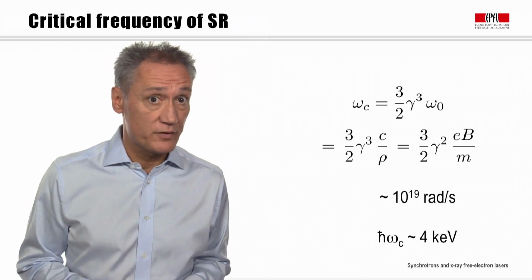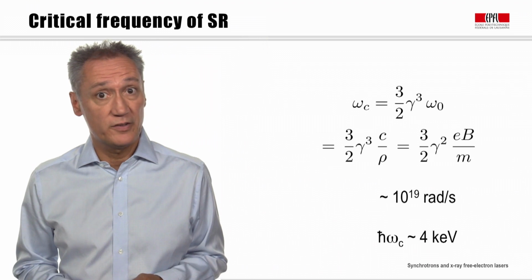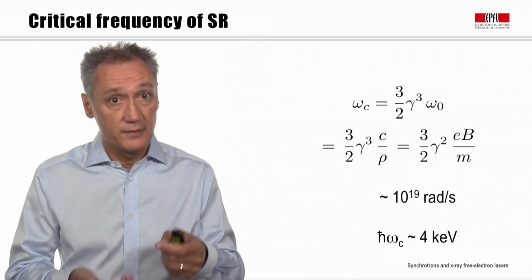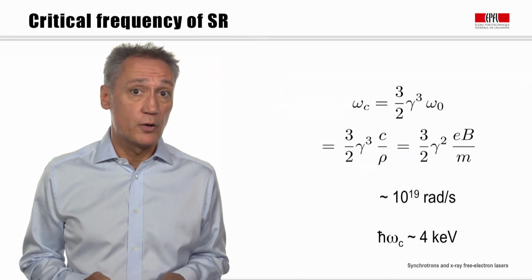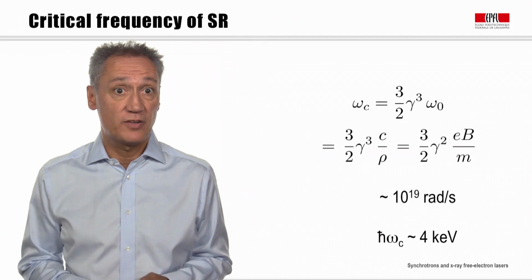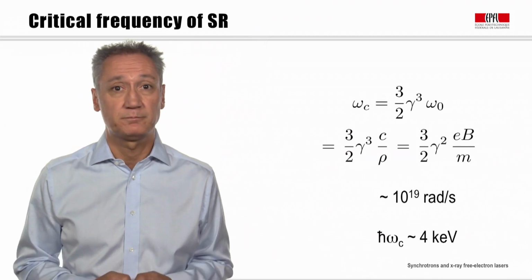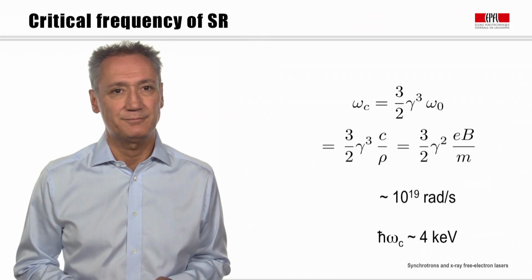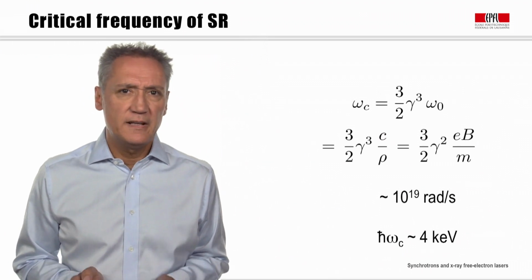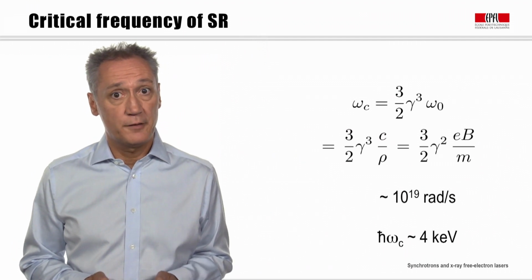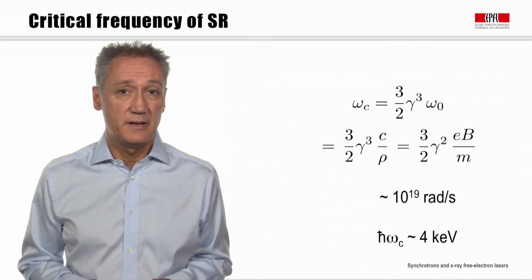We can re-express this either by substituting omega 0 with c upon rho, or indeed, one step further, by remembering that c upon rho is equal to EB upon gamma m, which we discovered a little earlier in this video, when we equated the Lorentz and centripetal forces. This leads us to the expression omega c is equal to 3/2 gamma squared EB over m.